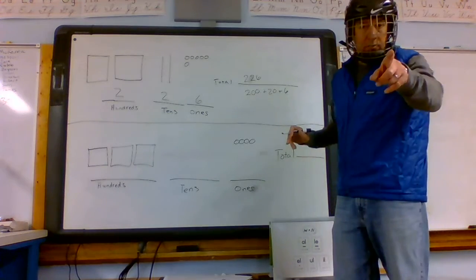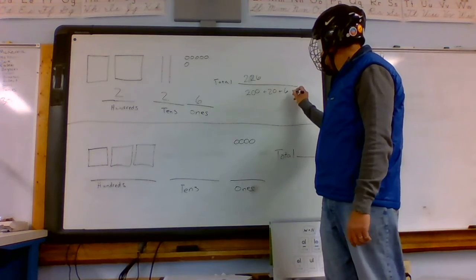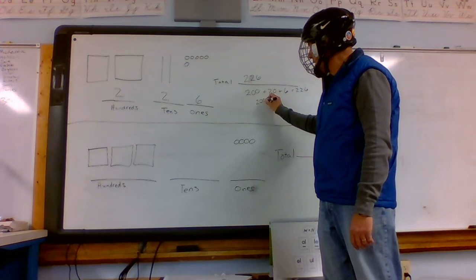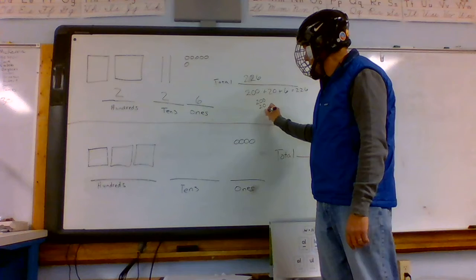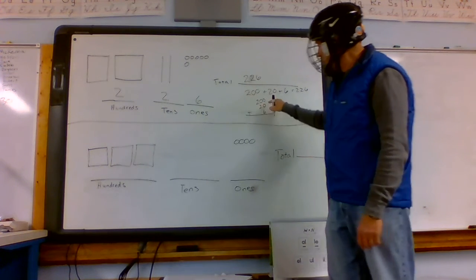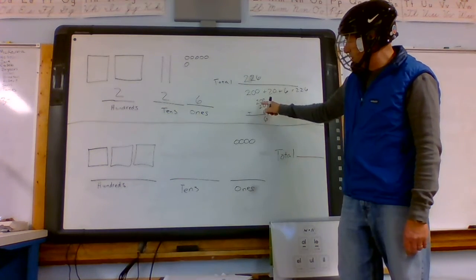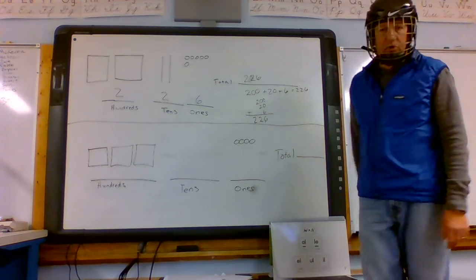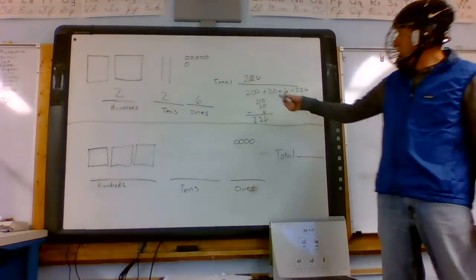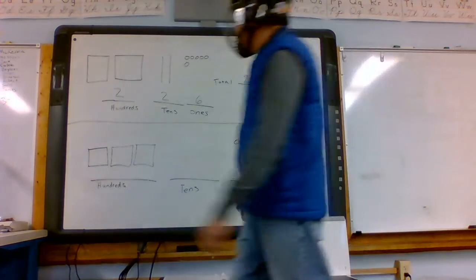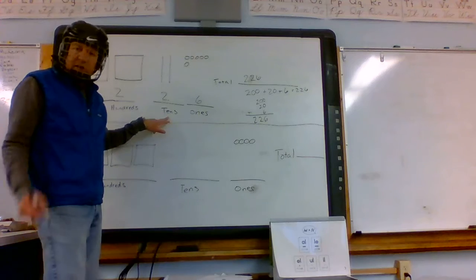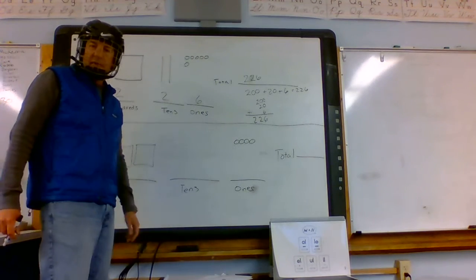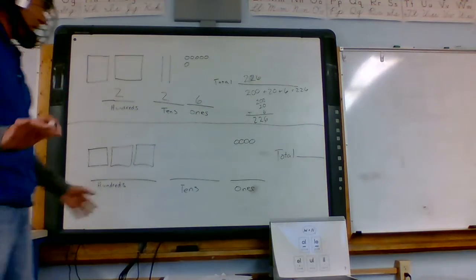Okay, I'll prove it to you this way. 200 plus 20 plus 6 equals 226. So that's why you can do that. 226 is just like saying 200 and 2 tens is like counting 10, 20, 26. Okay, I think we got that.